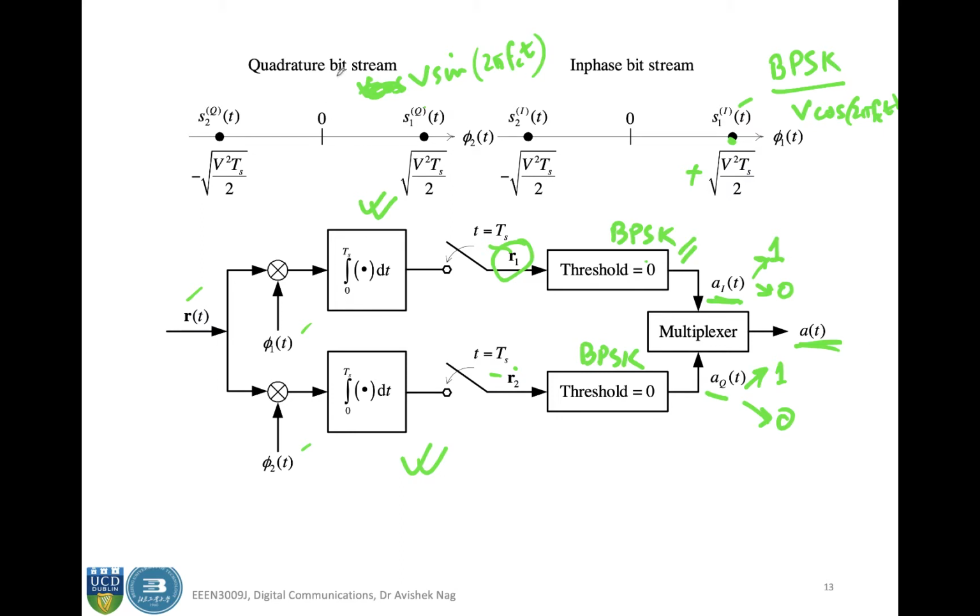Okay, so this is the quadrature bit stream, and you are recovering S1QT and S2QT from the quadrature bit stream, and you are recovering S1IT and S2IT from the in phase bit stream. Okay, so this is in phase and this is quadrature, or in other words, your phi 1t was proportional to the cos function and your phi 2t was proportional to the sine function.